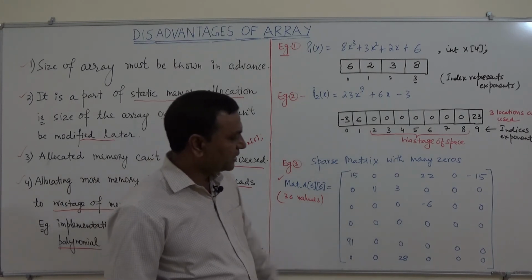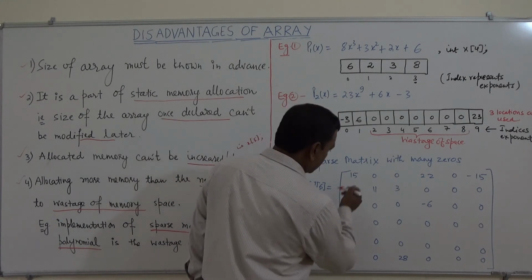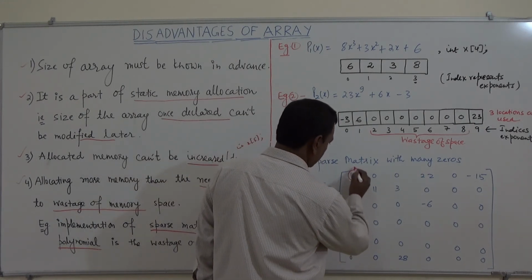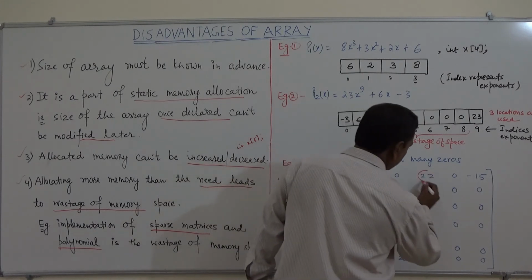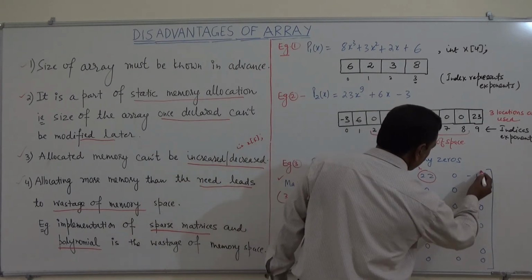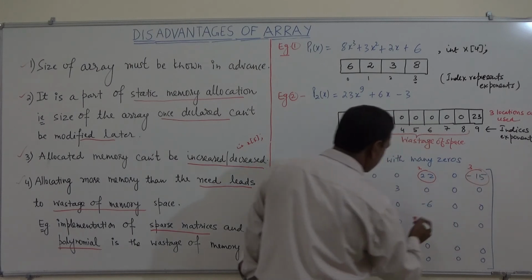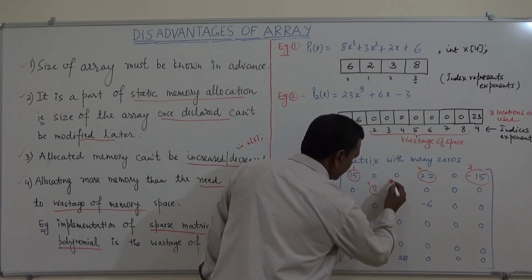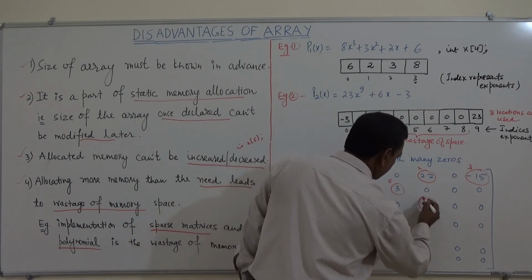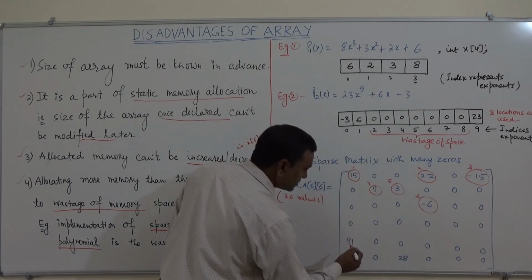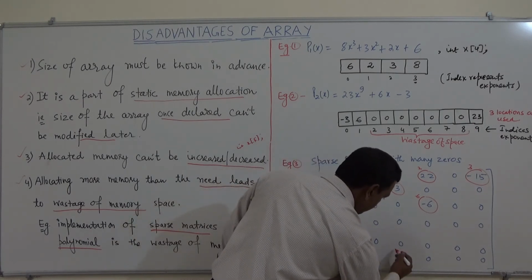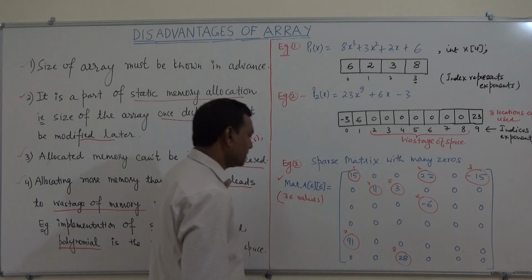So now we can see the locations which are being utilized. This is 1, 1, 2, 3, 4, 5, 6, 7 and 8.